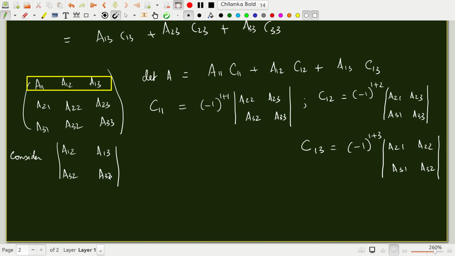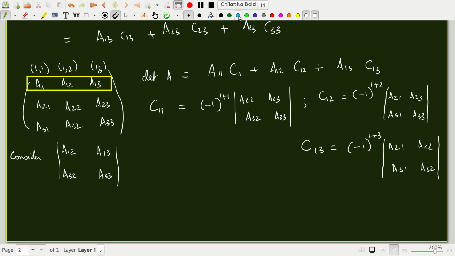Now, when you consider this determinant, you have to be very careful. Here, I have already arranged the matrix. This is the 1 1 element, this is the 1 2 element, this is the 1 3 element, and so on, right? So when I calculate the cofactors, A11 means I do 1 plus 1, A12 means I do 1 plus 2. But here I have to be careful.